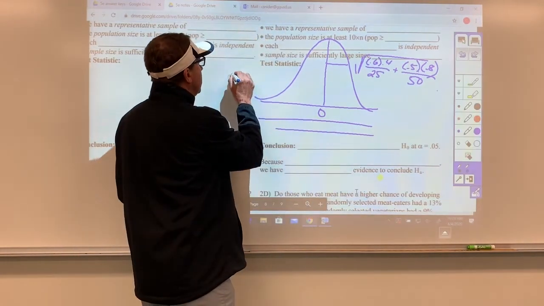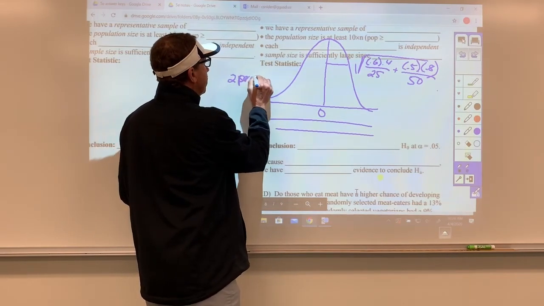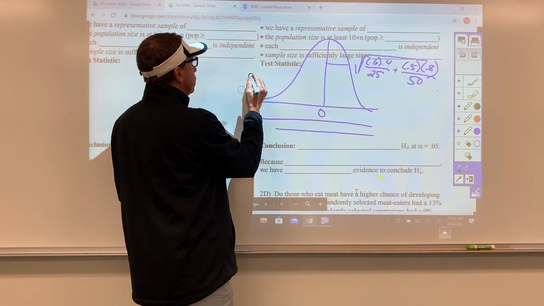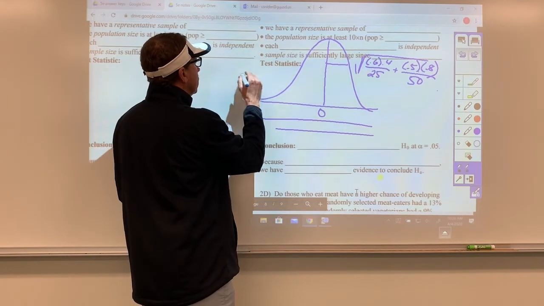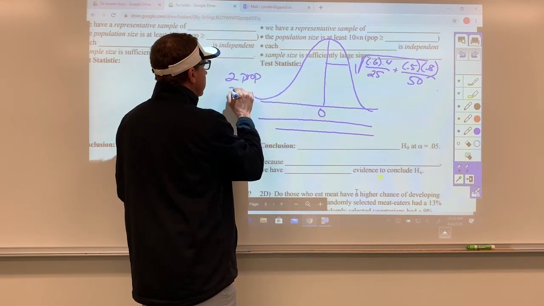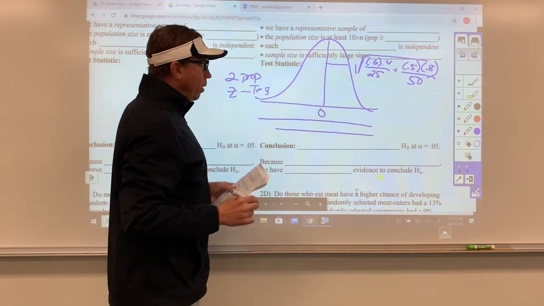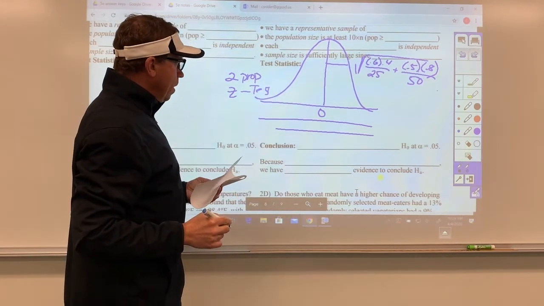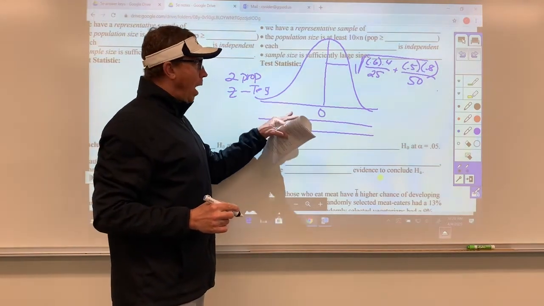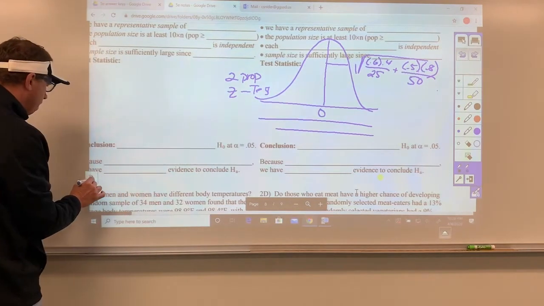And this is going to be a 2-prop Z test. Okay, we're going to do a 2-prop Z test. Okay, so I'm going to go ahead and turn this off. I'm going to click off on this, and I'm going to go to the calculator.